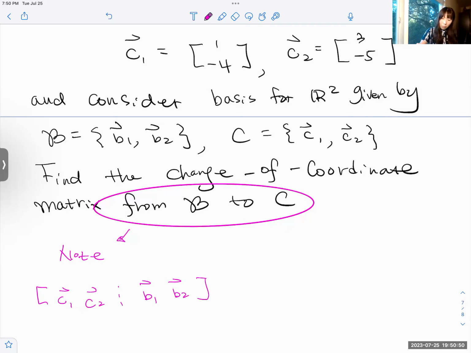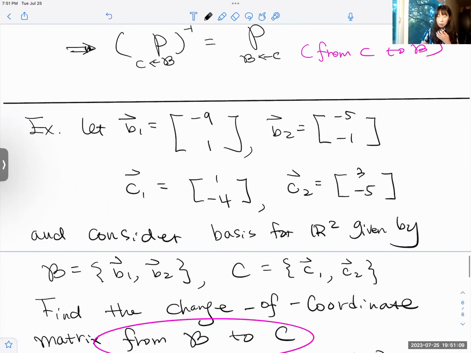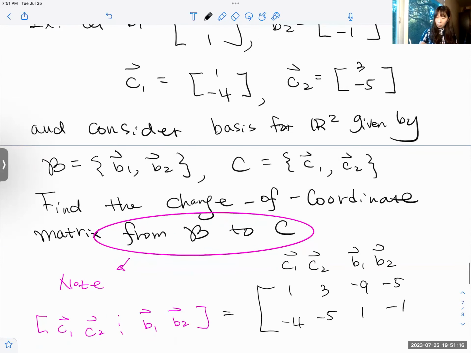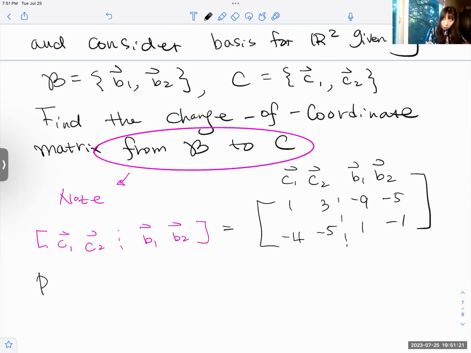So that is C sub 1, C sub 2, B sub 1, B sub 2. So C sub 1 (1, -4), C sub 2 (3, -5), B sub 1 (-9, 1), B sub 2 (-5, -1), right? Okay, now can you please give me the reduced row echelon form?